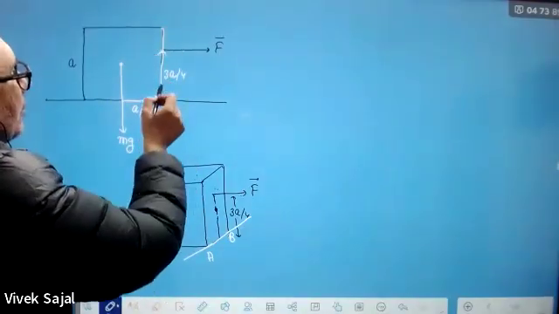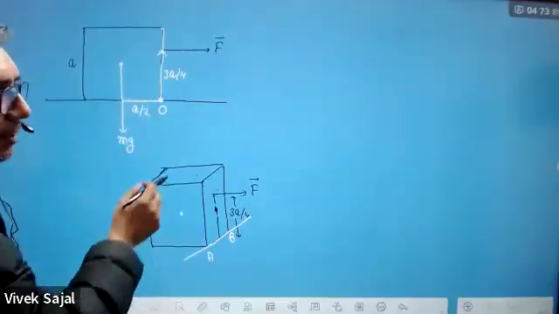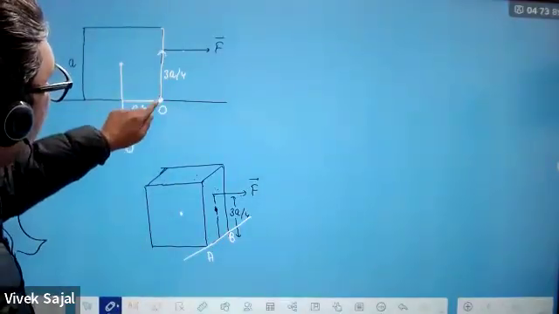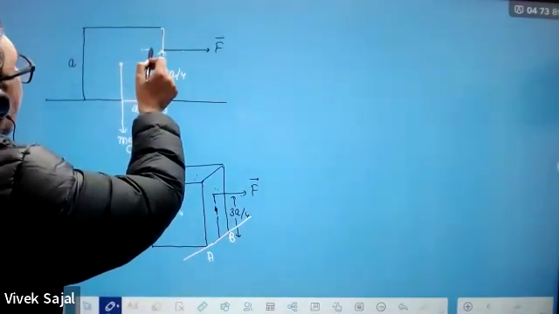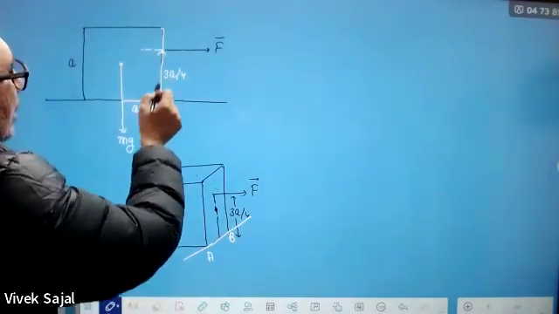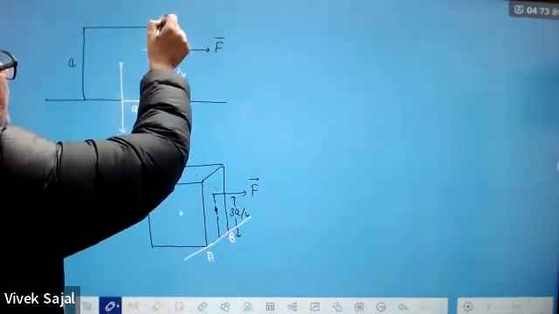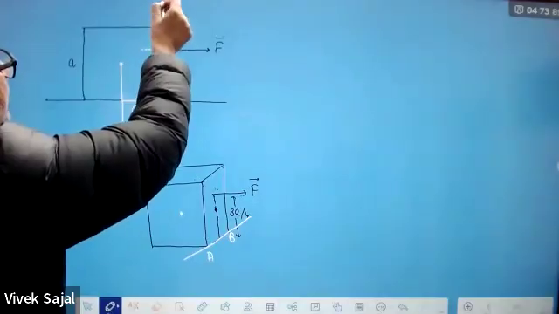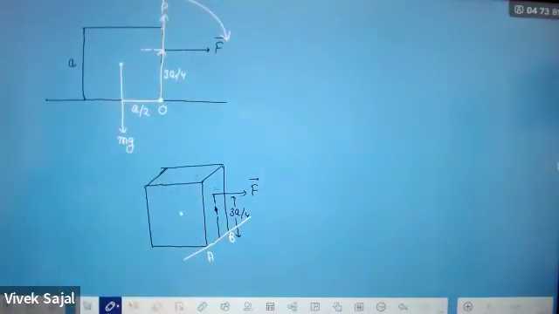So from here, this will be the p vector. Okay. This is the position about which rotation will take place. So from this point O, I draw a perpendicular on the line of force. This is the line of force. So the length of this is 3a by 4. So this p will be in this direction, and it is going to rotate this cube in this direction.